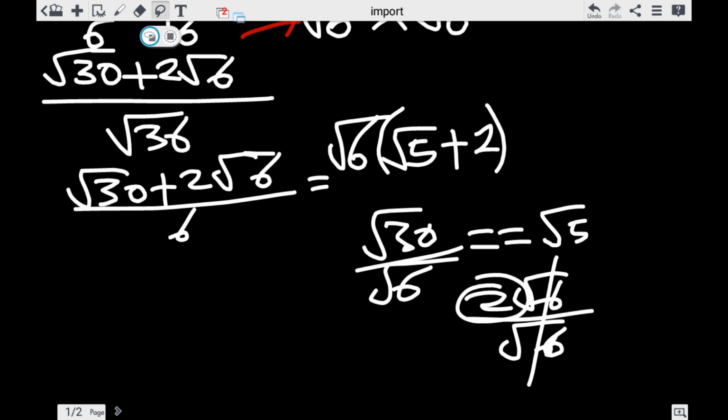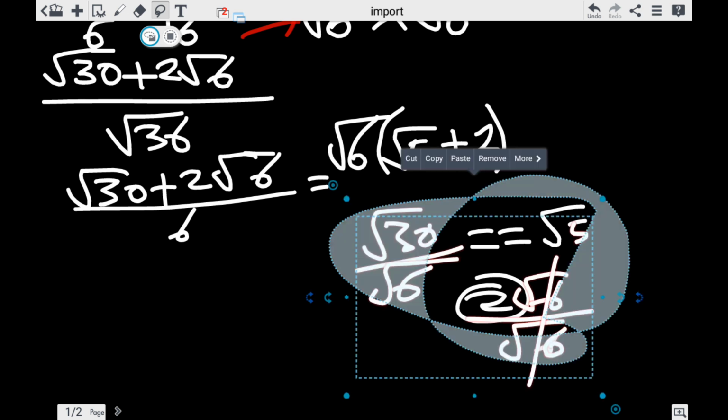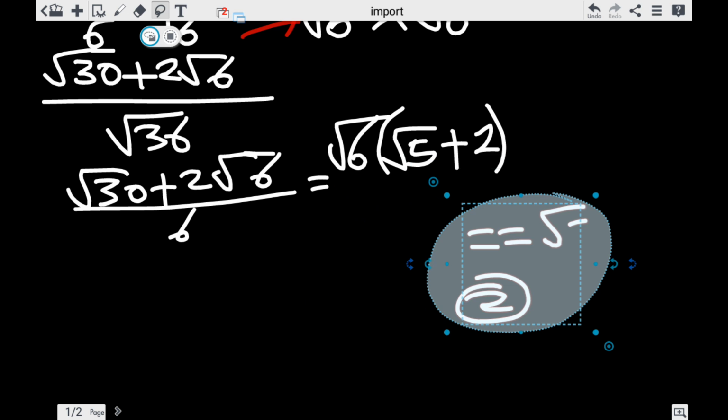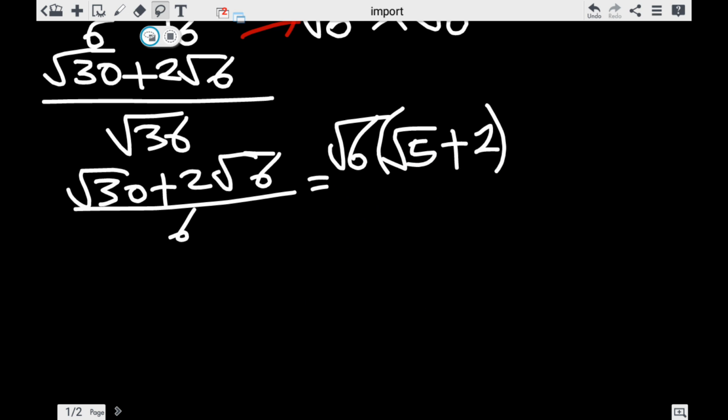So let me clear off this stuff. Now at this point you will need to underline, and write your 6 down below it. Keep in mind that you cannot divide these two 6s, even though they are both 6, until this 6 does not have any square root symbol.